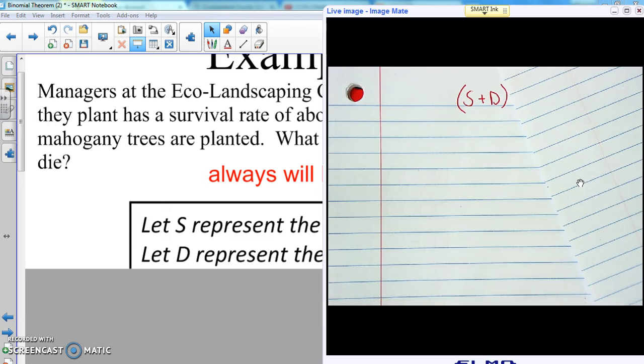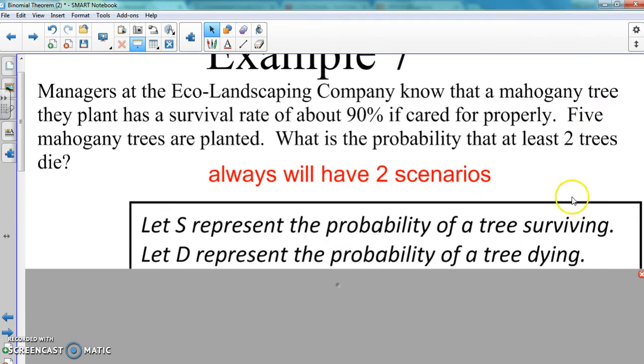And this time, if you look at the actual problem they gave you here, the exponent is going to be how many there are of what we're talking about. So in other words, in this case, how many trees are there? Because we're talking about mahogany trees. There's only 5 of them. 5 trees.